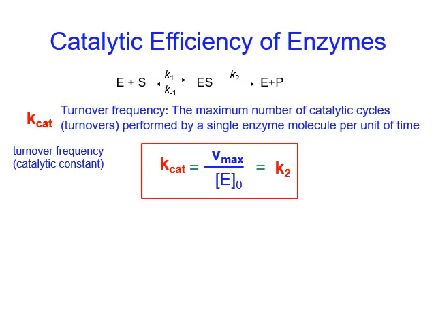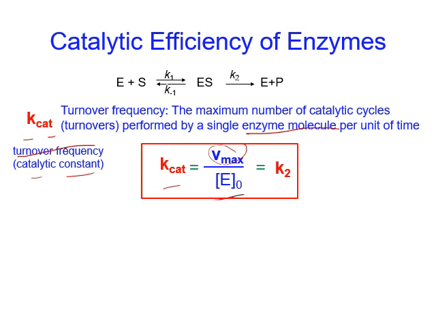In enzyme catalysis, turnover frequency, or catalytic constant kcat, is defined as the maximum number of catalytic cycles or turnovers performed by a single enzyme molecule per unit of time. So based on this definition, kcat should equal the maximum reaction rate divided by enzyme concentration.